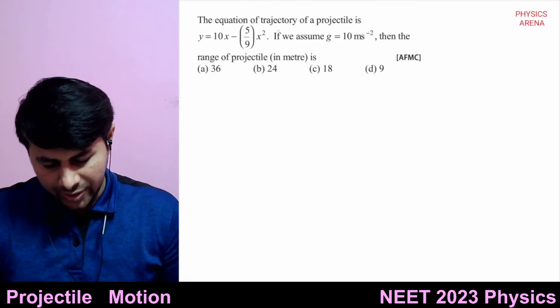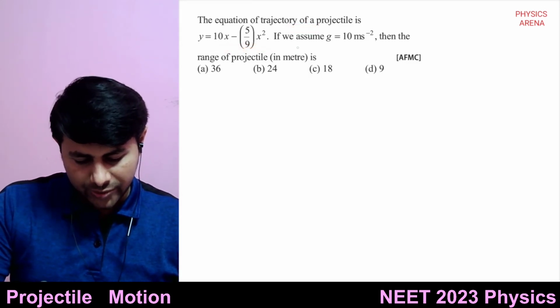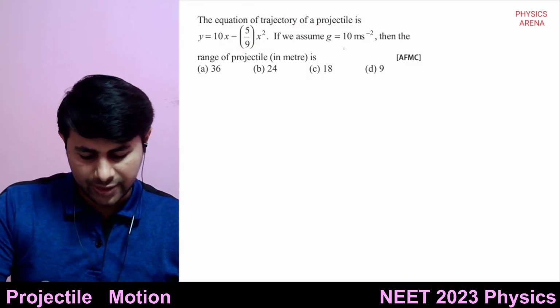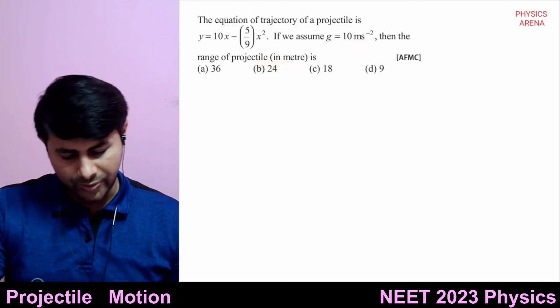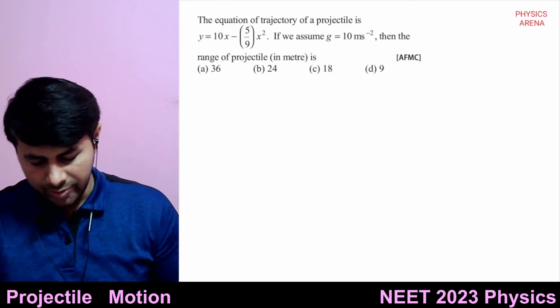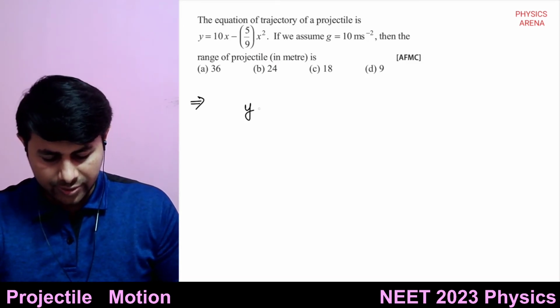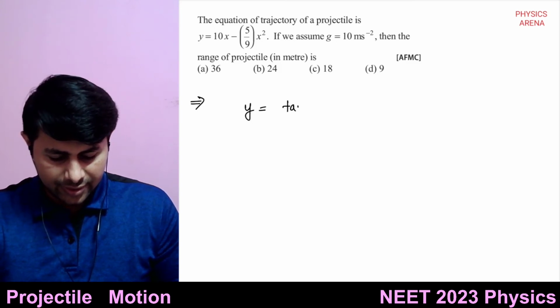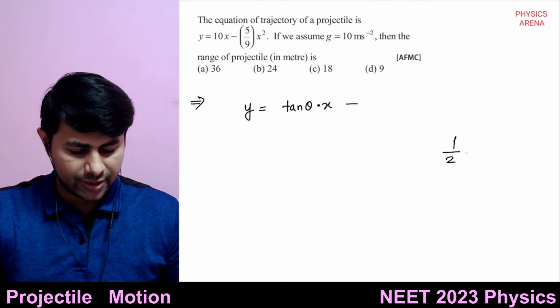The equation of trajectory of a projectile is, this is the equation. If we assume that g is equal to 10 meters per second squared, then the range of the projectile in meters is? Okay, so we have to find out the range. So do you remember the equation for trajectory of a projectile? y is equal to tan theta multiplied by x minus half of g t square, right?